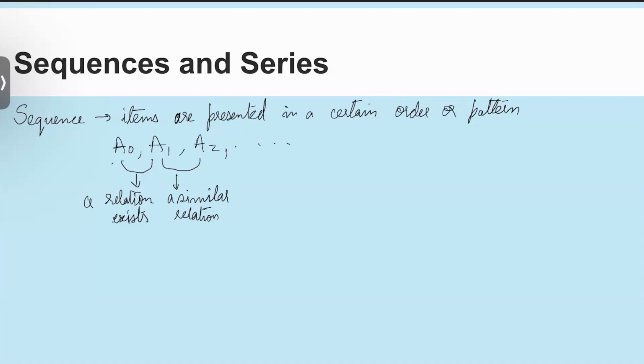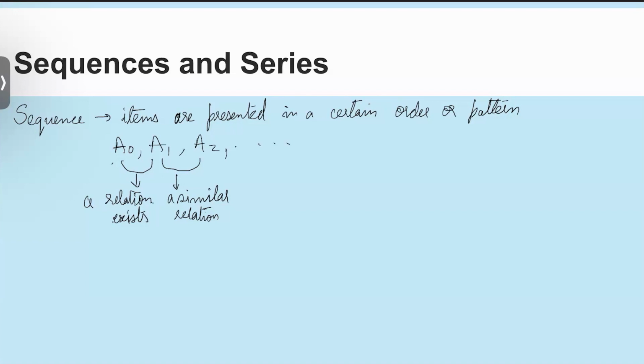Now, some examples that we can see are real life examples. If you try to find the increase in a certain quantity over the number of years, how it has increased.